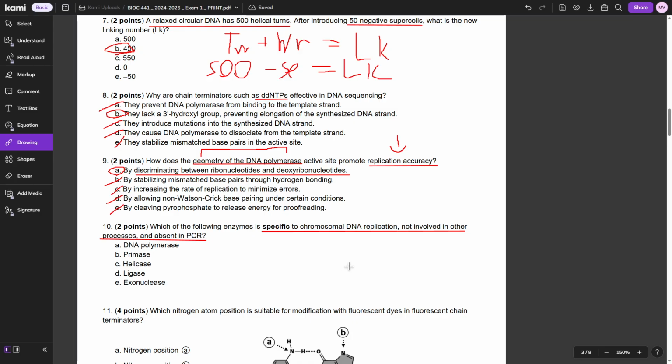Let's take a look at this. Looking at DNA polymerase, obviously DNA polymerase is not specific to chromosomal replication. It's not involved only in this process, and it is present in PCR, so you can't use that there. The main thing I'm thinking about in PCR, so what does PCR use?